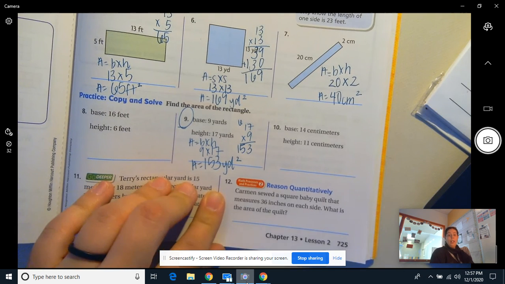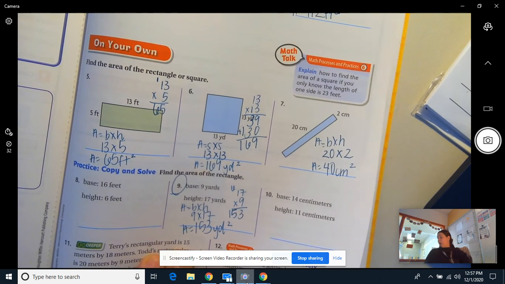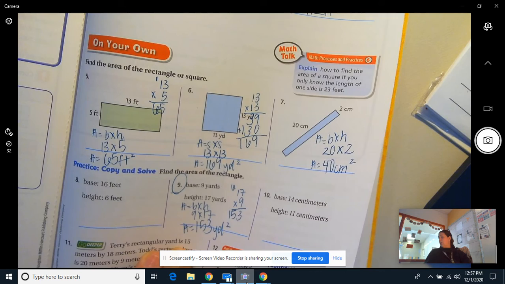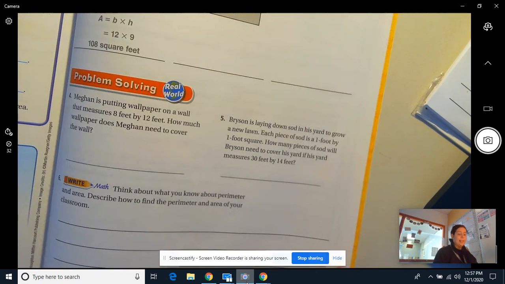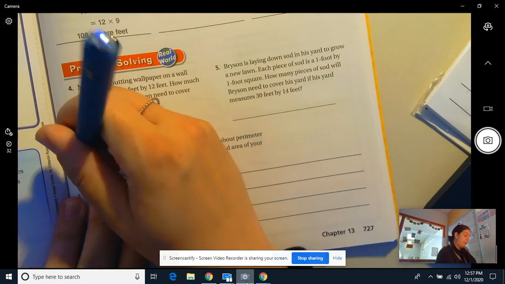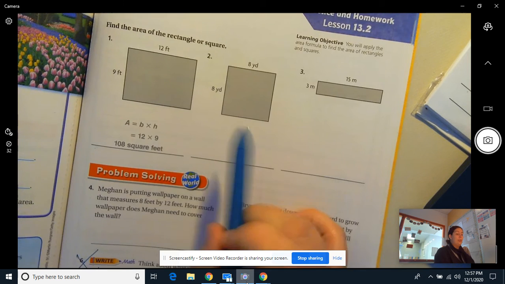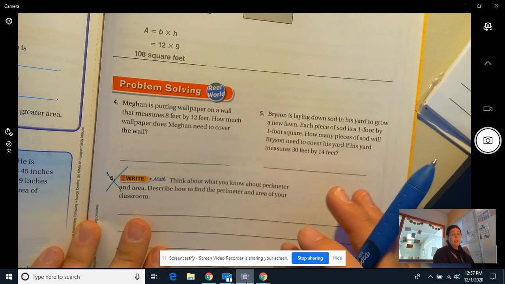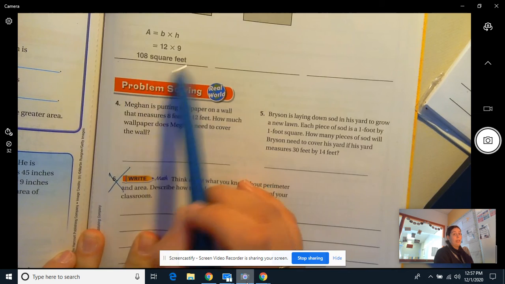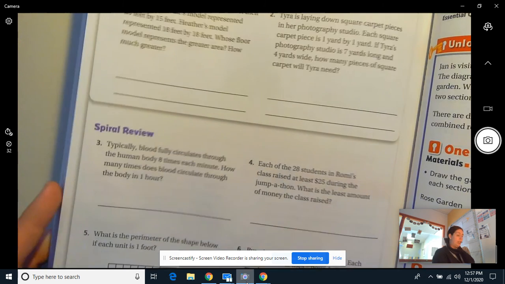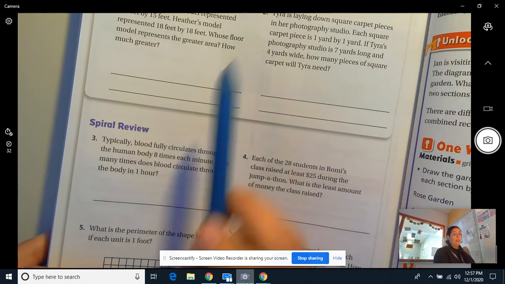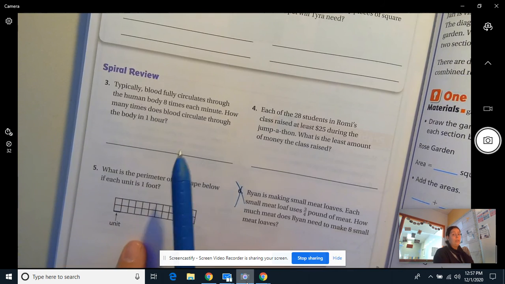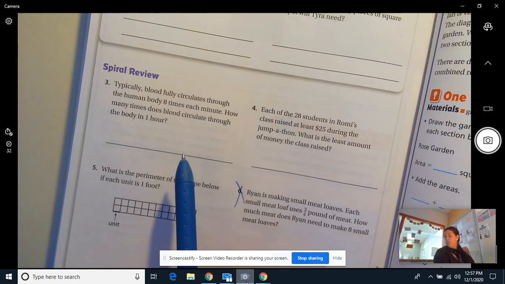Okay. On our math book, we are on page 727, number 6. So you need to do 2, 3, 4, and 5. I'm not reading the word problems to you today, but you need to remember to write your formula and everything else. On the next page, 728, you are not doing number 6, so you have 1, 2, 3, 4, and 5 to work on.